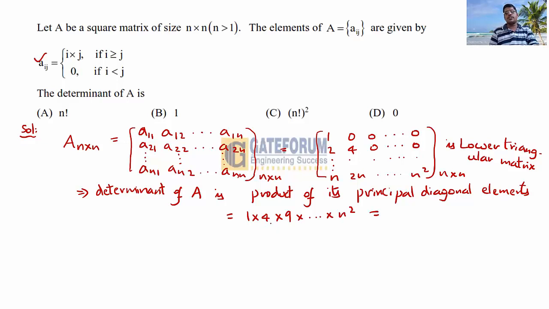All are perfect squares: 1 square, 2 square, and so on, n square. These are in a product A, B, C, D whole square, which is nothing but A square, B square, C square, D square.